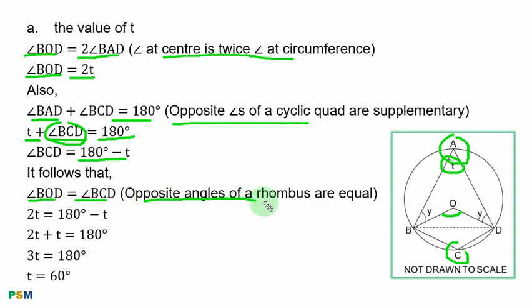You have the reason. You replace the two angles. You have this linear equation. Collect like terms, add like terms. You have 3T equal to 180 degrees. Divide both sides by 3. T is equal to 60 degrees.